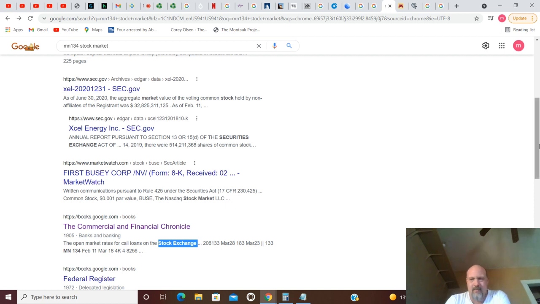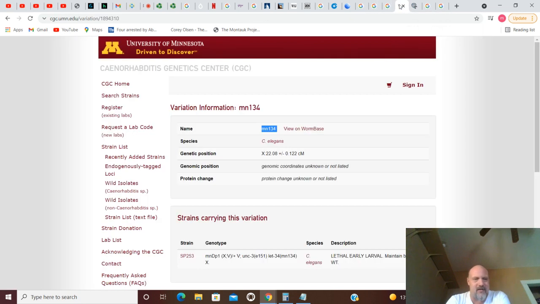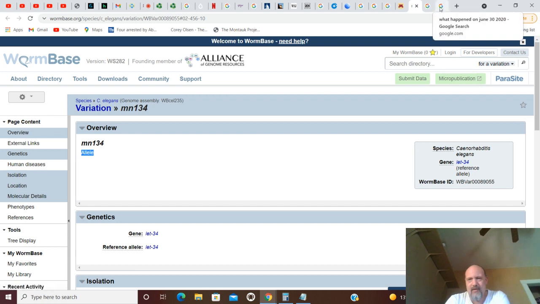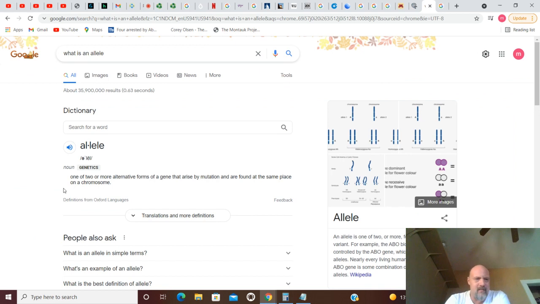I also found, then I went ahead and ran through genetics here, and I found MN 134. And I went ahead and looked at this on a different database, this WormBase. And allele, MN 134. And what is an allele?